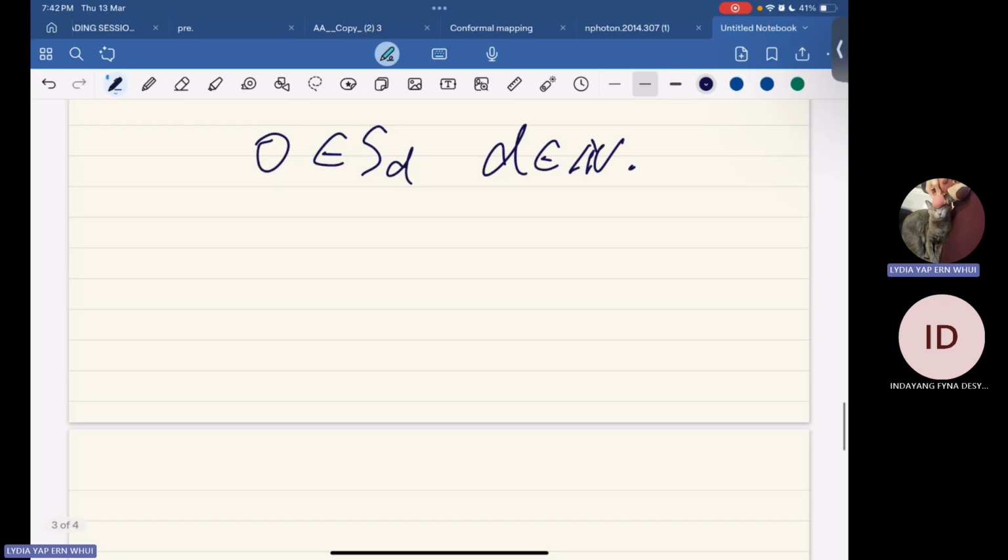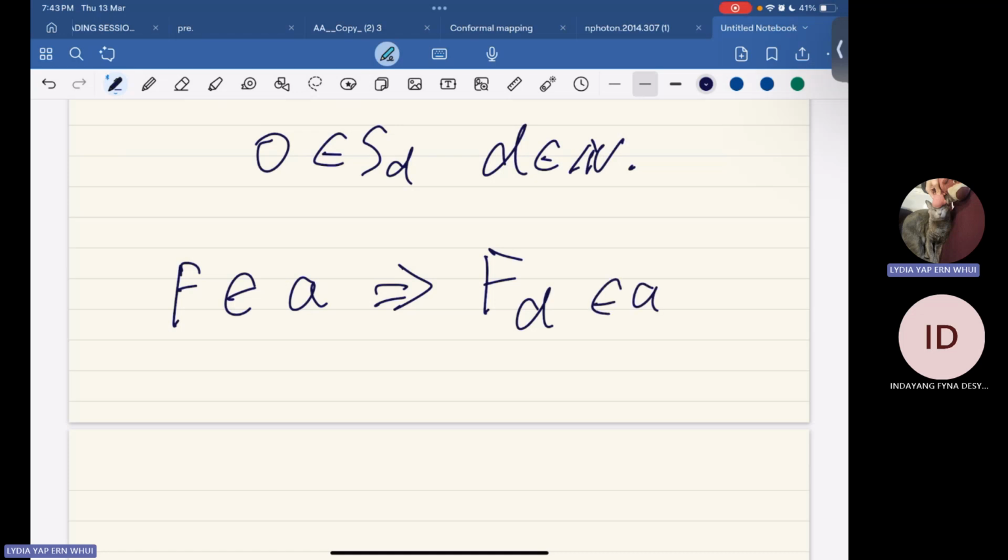Okay, and after we define this, we can see what a graded ideal is. Remember what we defined as a graded ideal in our last seminar, which is: if f is living in this ideal A, then every homogeneous component lives in A. We call this ideal a graded ideal or homogeneous ideal.